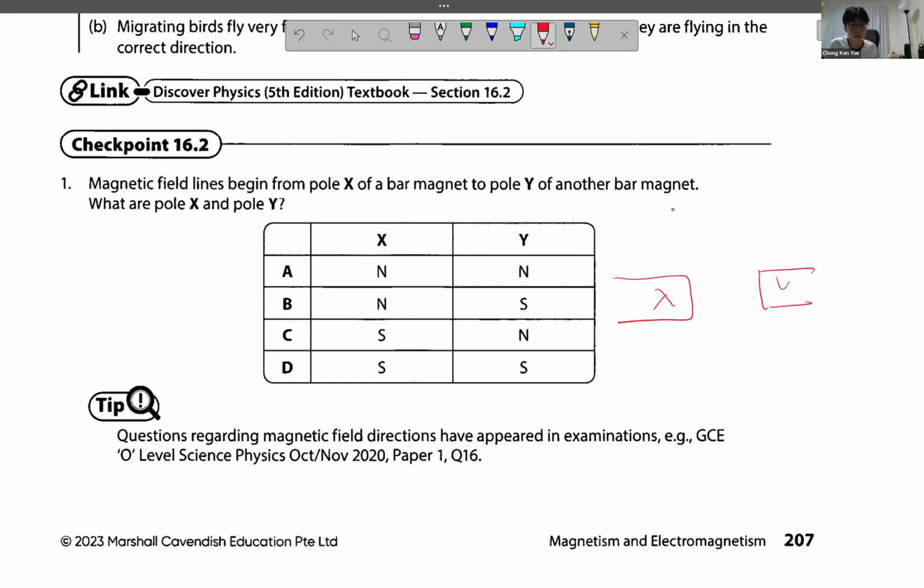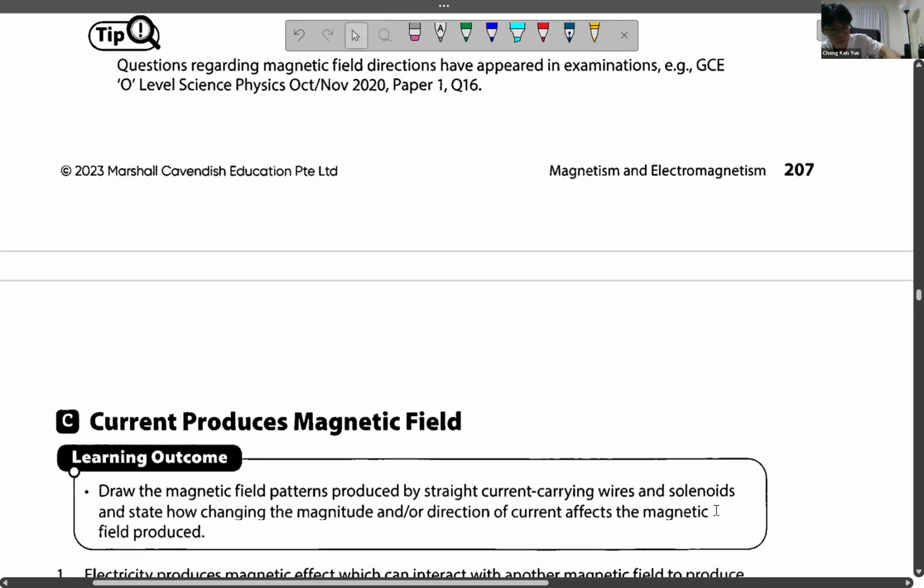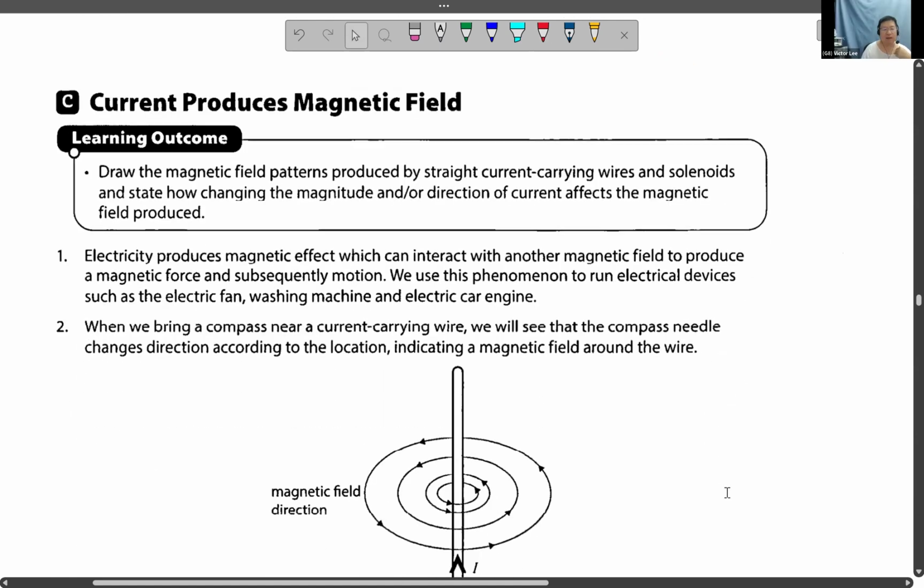B. B. Can't hear you. D or B? B. You see, I drew it for you already. X to Y, isn't it north to south? Okay, that's good. All right.